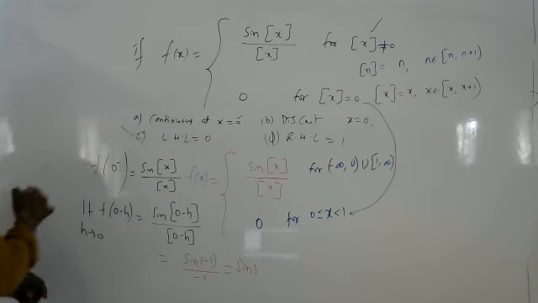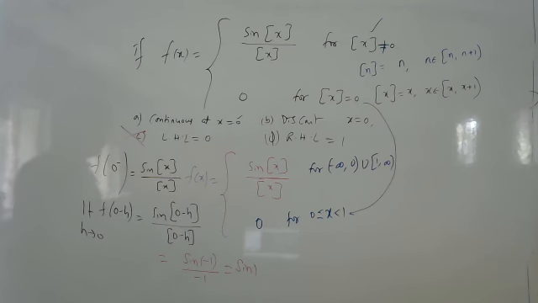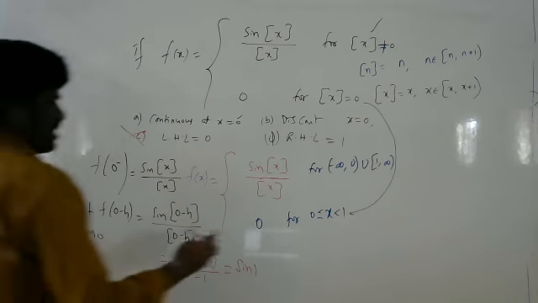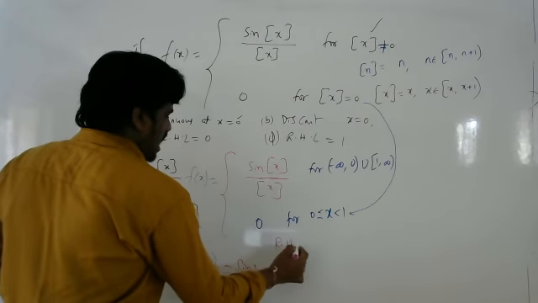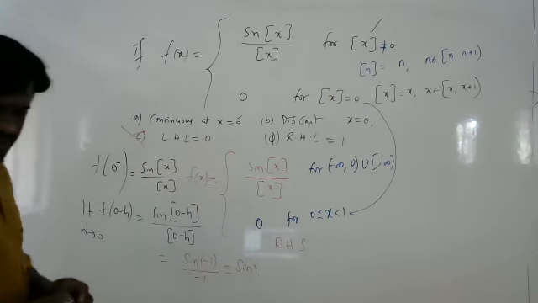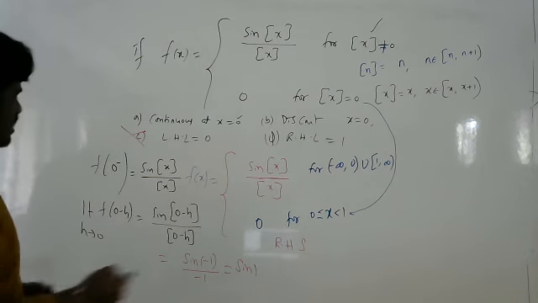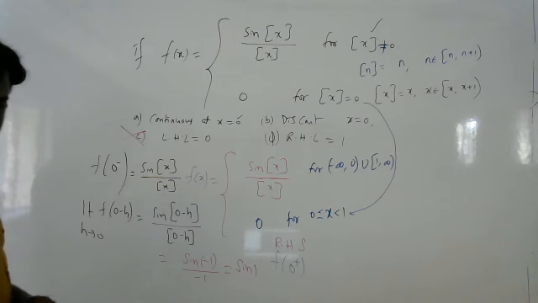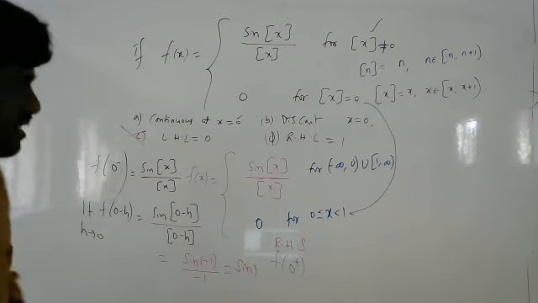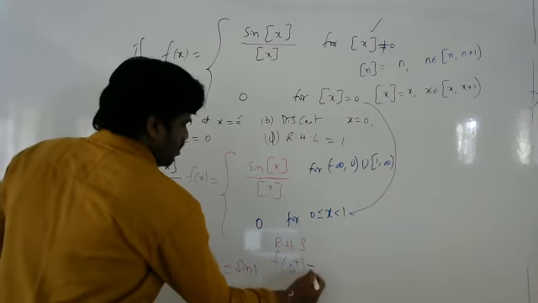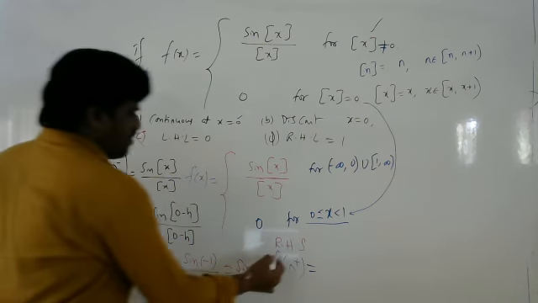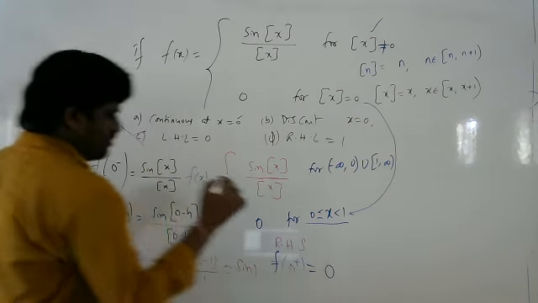So C is the wrong answer. This is advanced level. You have to understand these points. Now I can go for RHL. RHL means f of 0 plus. 0 plus means this branch, so the answer is 0.